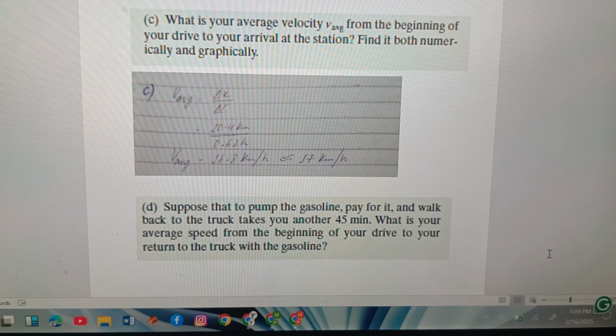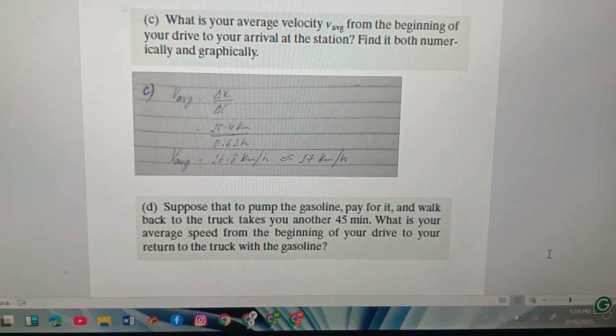Since speed is distance per unit time, v average will be equal to change in displacement over change in time. The total displacement we know is 10.4 kilometers, and the total time, which we calculated in part B, is 0.62. So v average we will get as equal to 16.8 kilometers per hour, which is approximately 617 kilometers per hour.